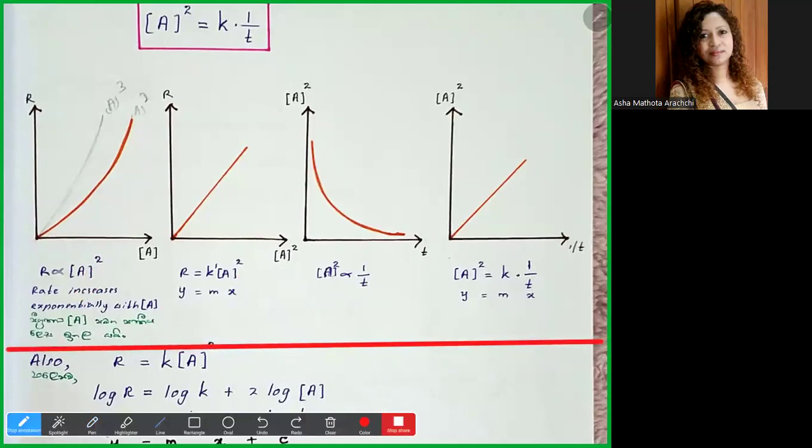Rate increases exponentially with concentration of A.